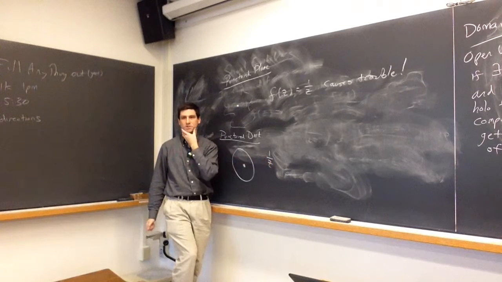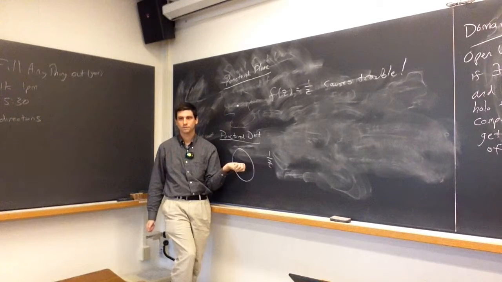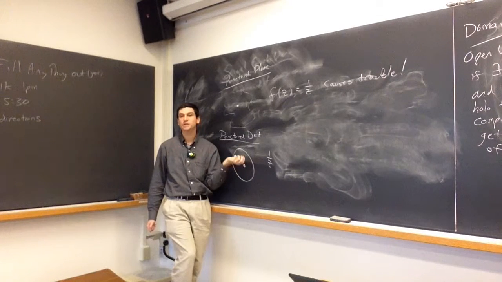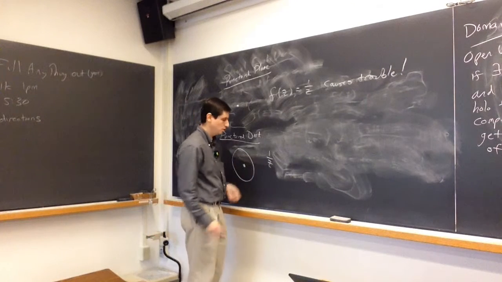I need to cause problems at the boundary. If it's too hard to do the entire boundary, can you give me at least something that will have problems at least at one point on the boundary? 1 over z minus 1.